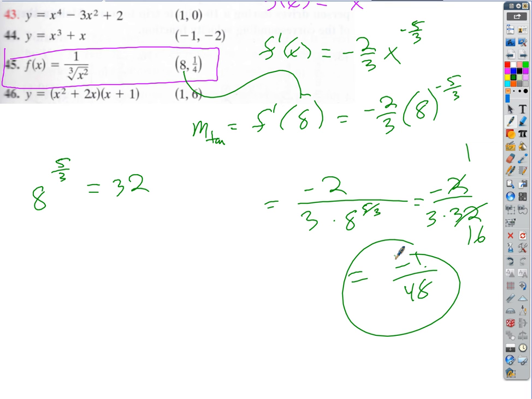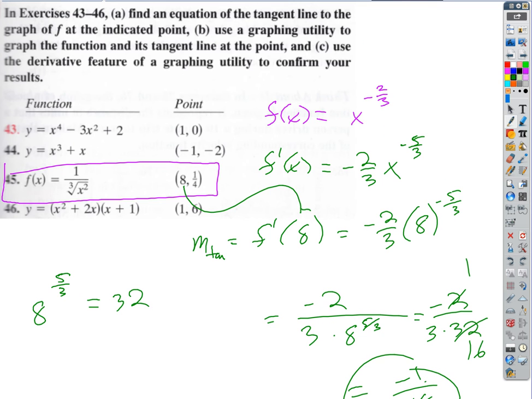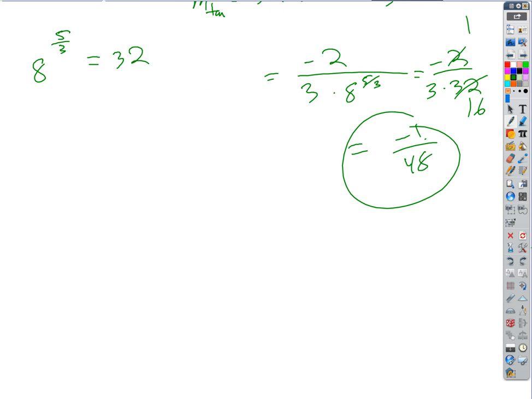I already have the point. They probably ask for this in, well, they don't ask for any form. So what's the easiest way to write that from yesterday? What's it called? Point slope, right? We'll just write it in the form y minus y1 equals m times x minus x1.